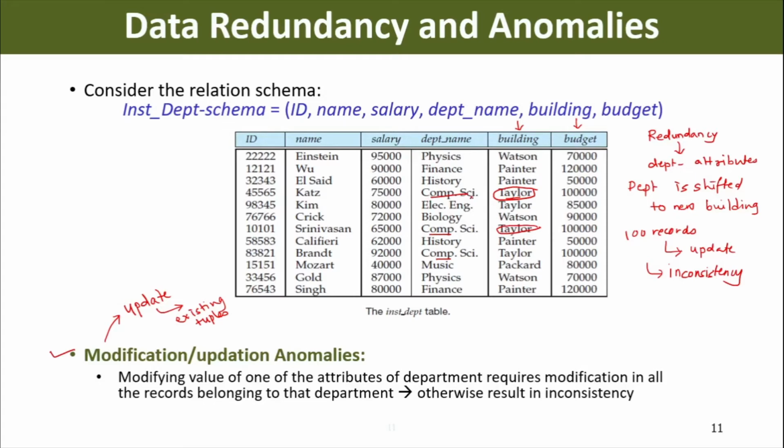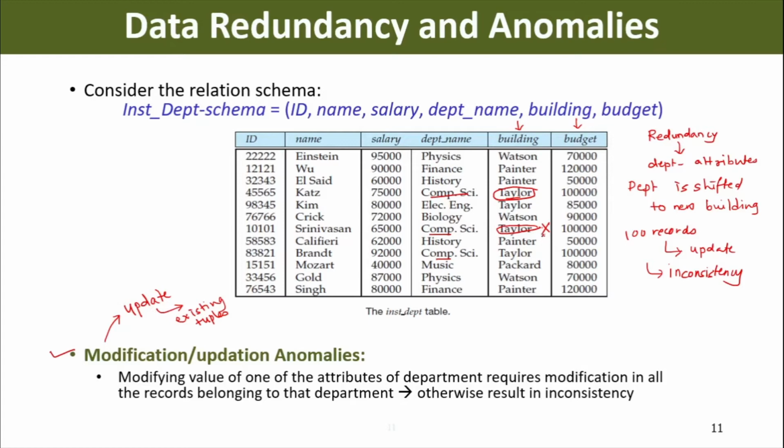For one of the records, I will be having the data like the computer science department is in building Taylor, and for another computer science record, I will be having some different building name. So this is the inconsistency of the data. Afterwards, I do not know which is the correct information about the department, because one record reflects some building, another record reflects another building.